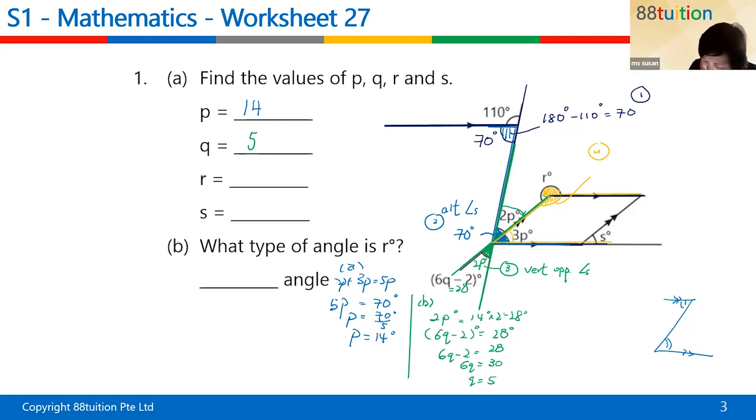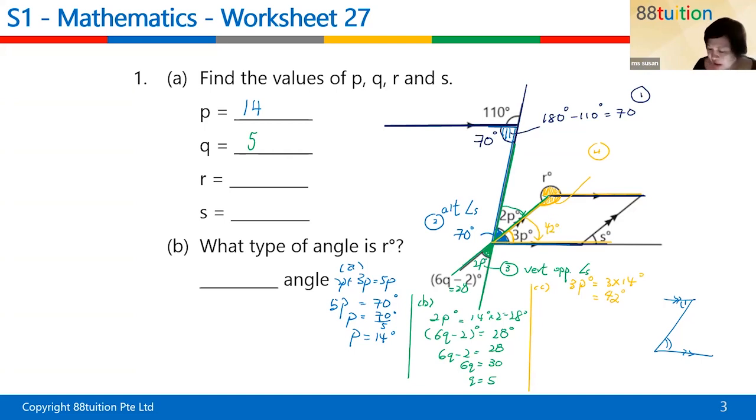Okay, so can I say this is actually 3p, and here are angles in between the parallel lines. I call these interior angles because of parallel lines. So I need to have 3p first. Because my p is 14, 3p will be 42 degrees. So when this is 42 degrees, I'm going to write here 42.